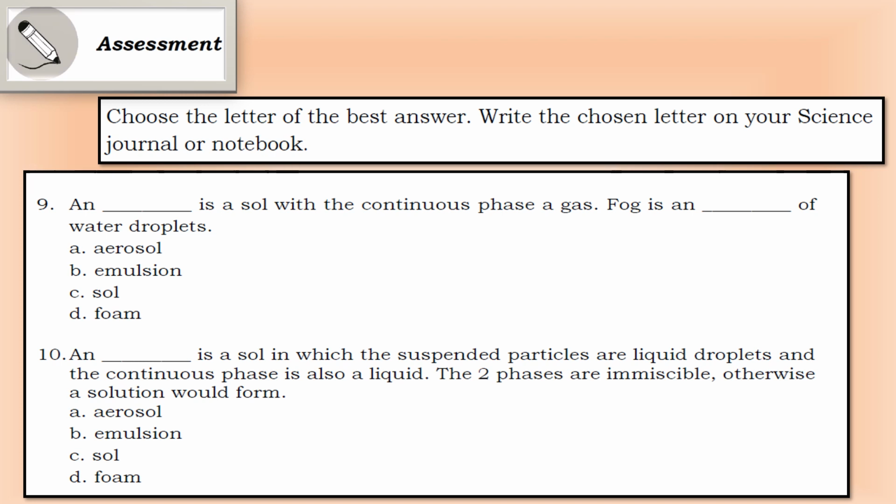An blank is a sol in which the suspended particles are liquid droplets and the continuous phase is also a liquid. The two phases are immiscible, otherwise a solution would form. A. Aerosol. B. Emulsion. C. Sol. Or D. Foam.